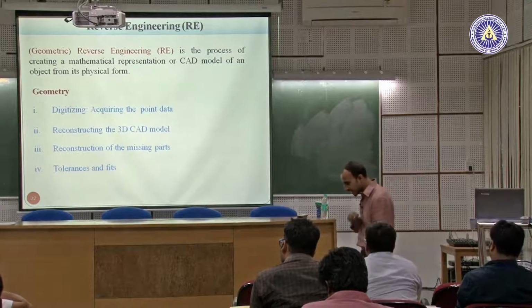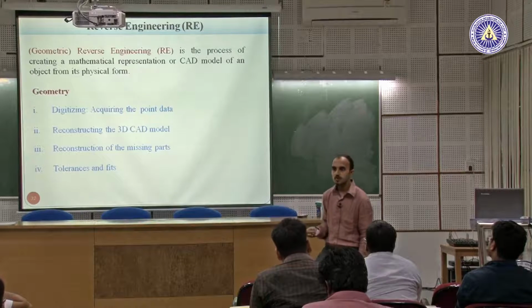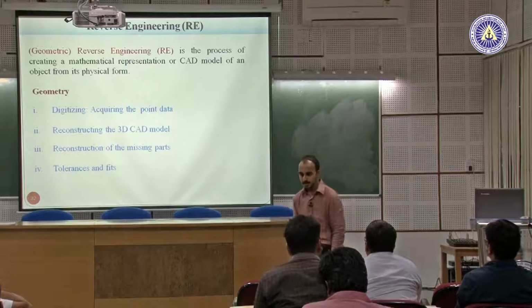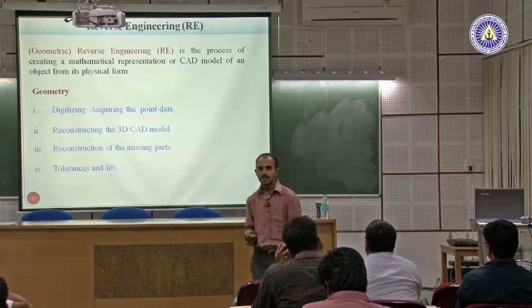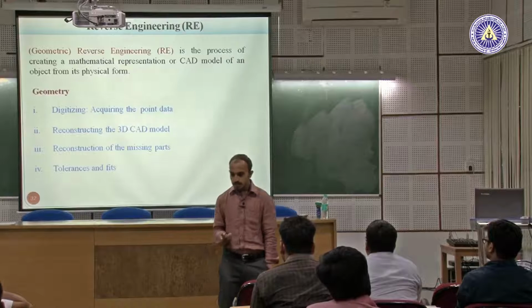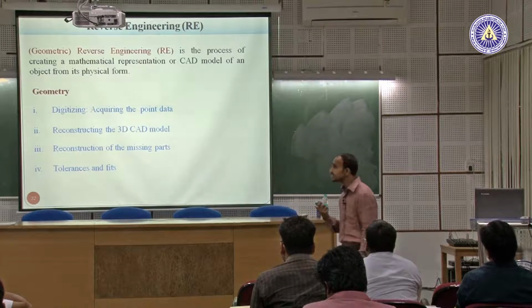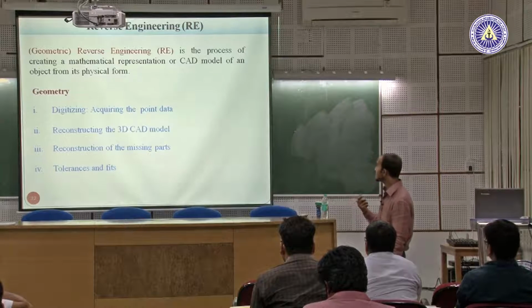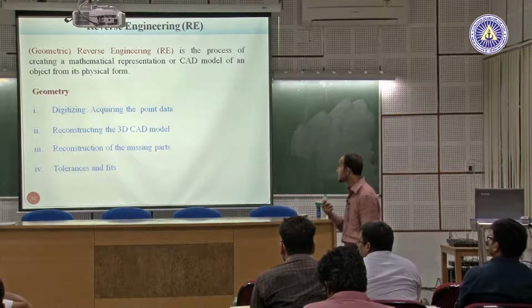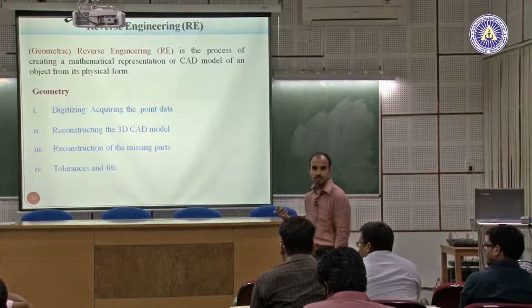Another advanced technology in additive layer manufacturing is reverse engineering. Suppose you have one of the parts, and you want to produce similar parts, and you don't have any design data of that part. At that time we can use reverse engineering. This is actually geometric reverse engineering: the process of creating a mathematical representation or CAD model of an object from its physical form.